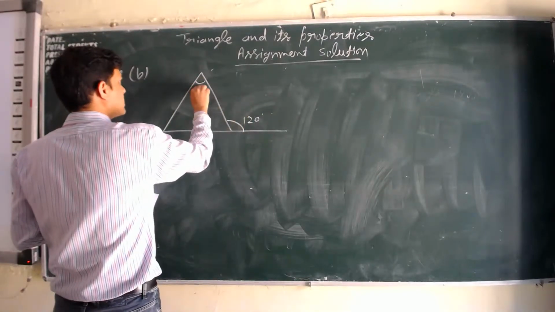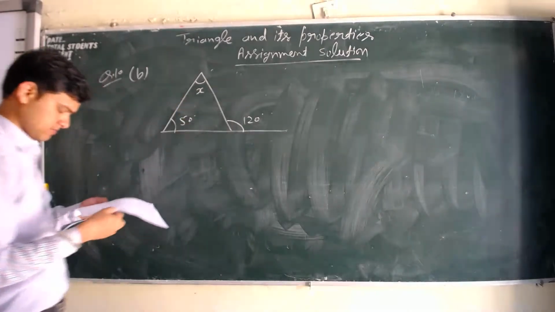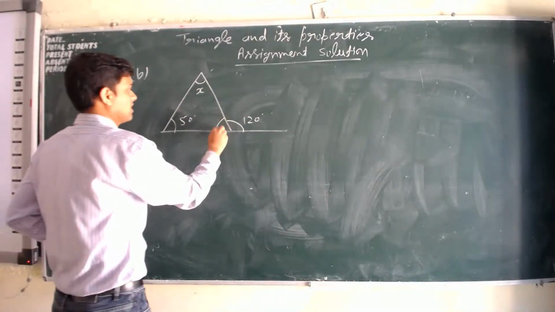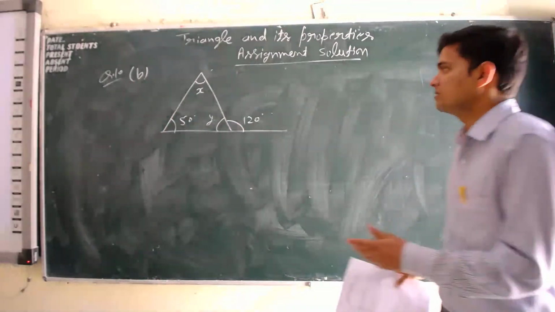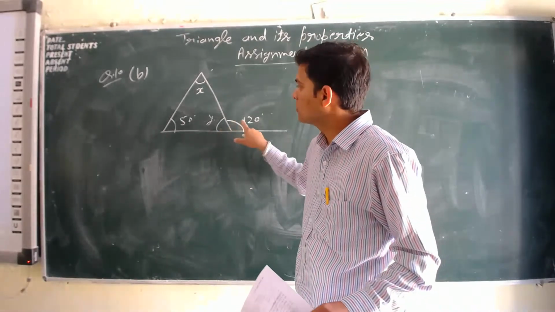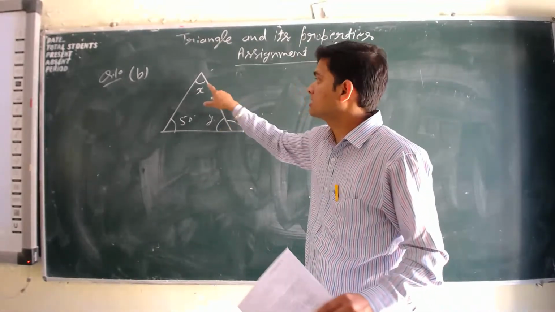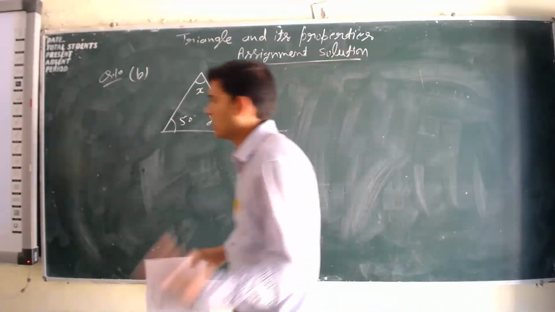This angle is equal to x, and this angle is equal to 50 degree. Okay, and this angle is equal to y. We can solve this by many methods because we can apply the linear pair also. We can apply the exterior angle is equal to the sum of interior angles. That is your choice, which you have to choose.